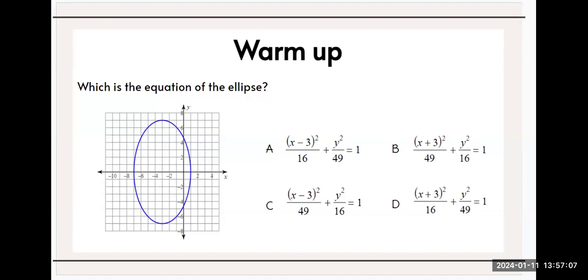All right, that is ready for you to submit your answer. You should be able to find the center and then eliminate two choices based on the center. And then with the remaining two, you should be able to decide based on the direction that it's longer.